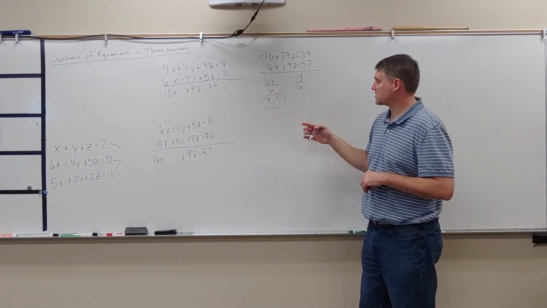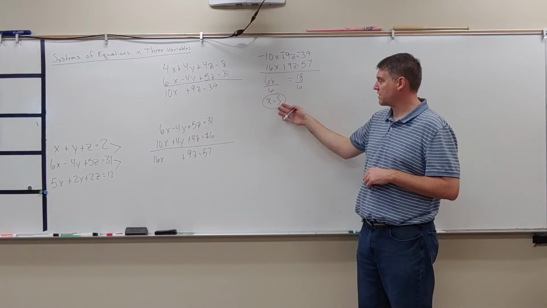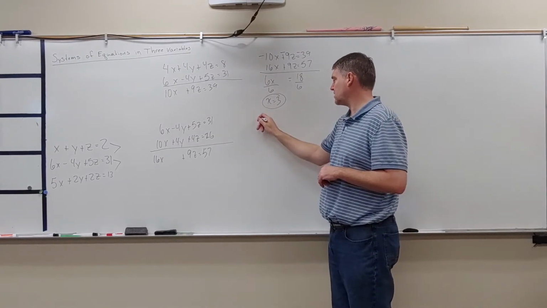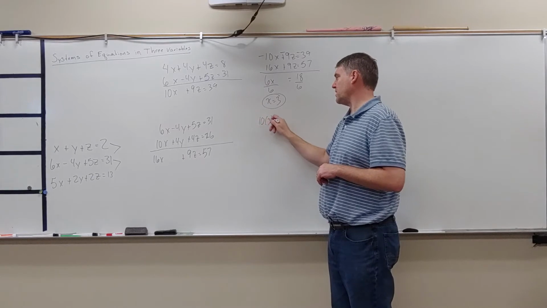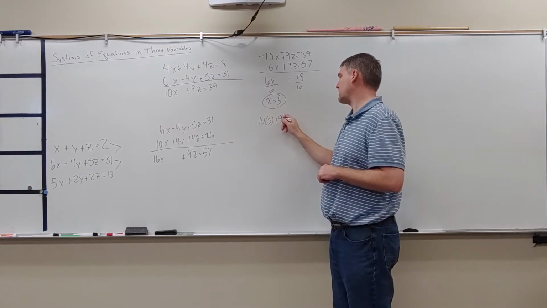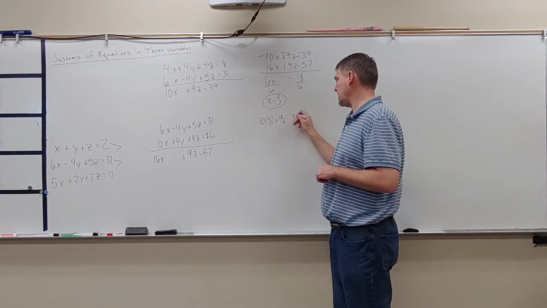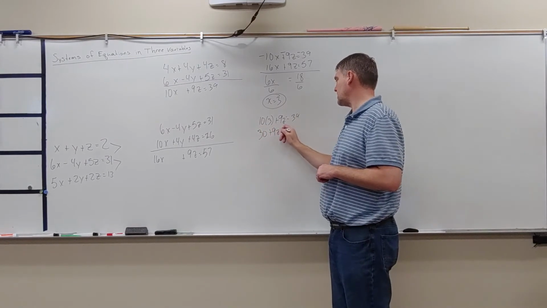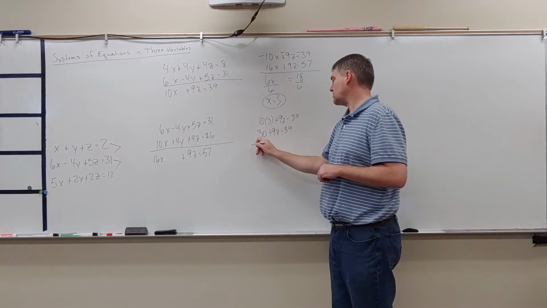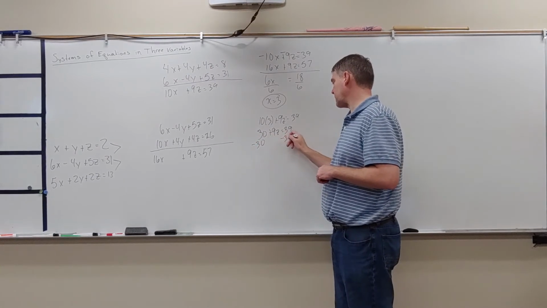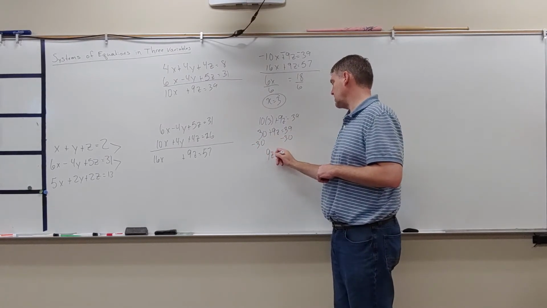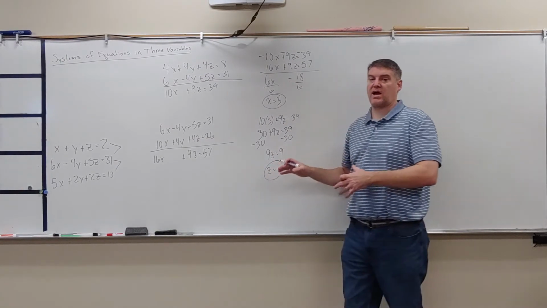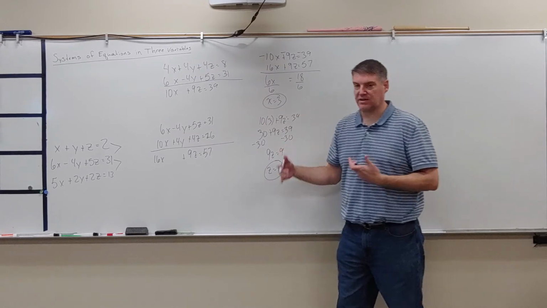Now I'm going to solve one of these for z. I'm going to take this equation, 10 times 3 plus 9z equals 39. So this gives me 30 plus 9z equals 39. Subtract off my 30. 9z equals 9, or z equals 1. Now I have x and z, and I need to find y.